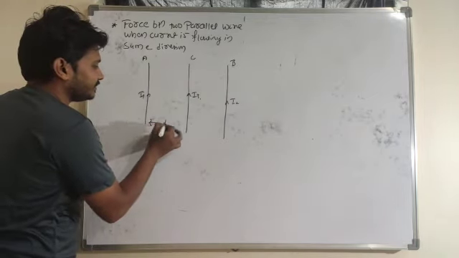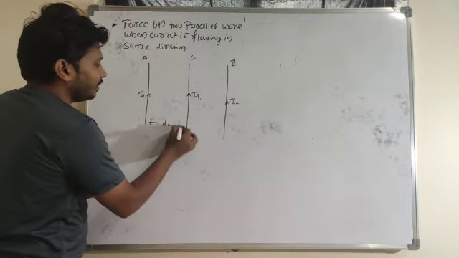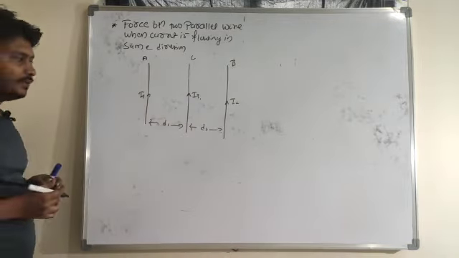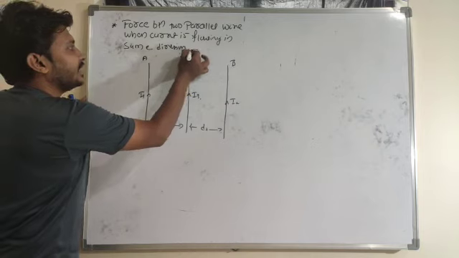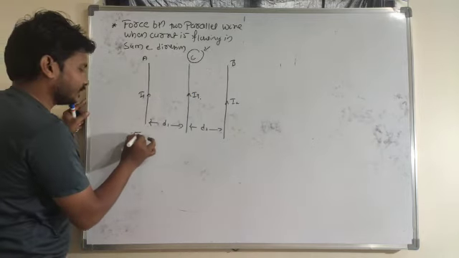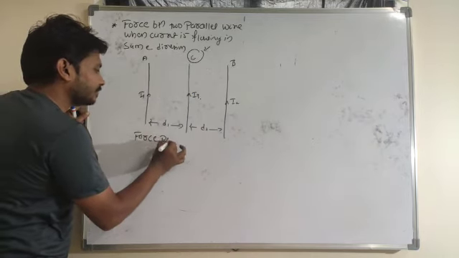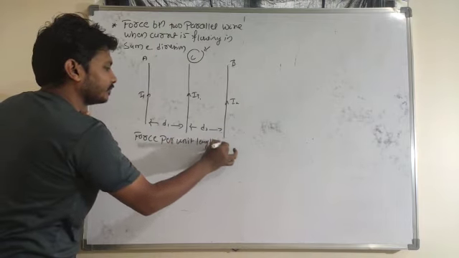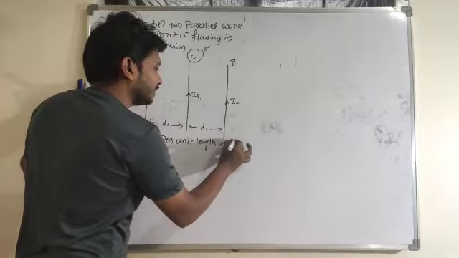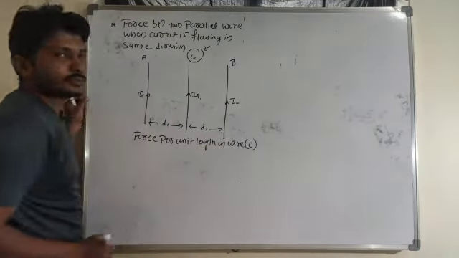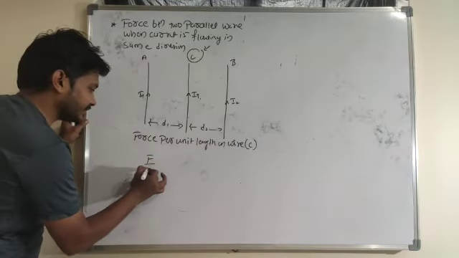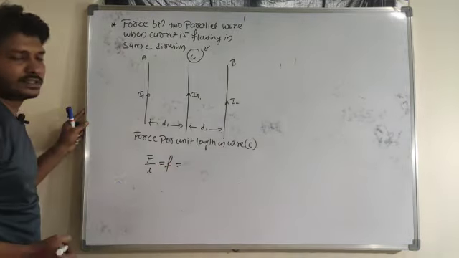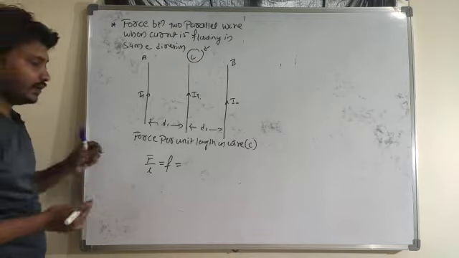The distances are D1 here, and D2 here. Now, what is the force per unit length on wire C? Force per unit length on wire C is F by L, or small f, which represents the force per unit length.